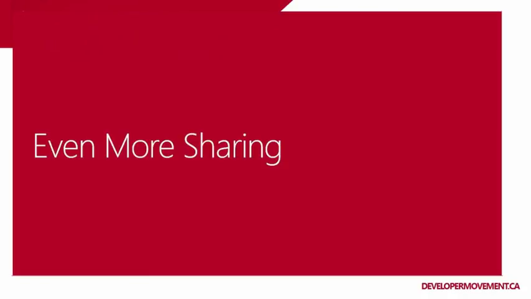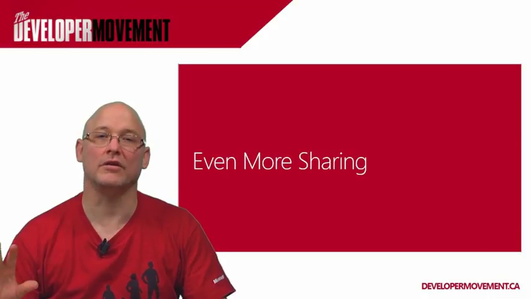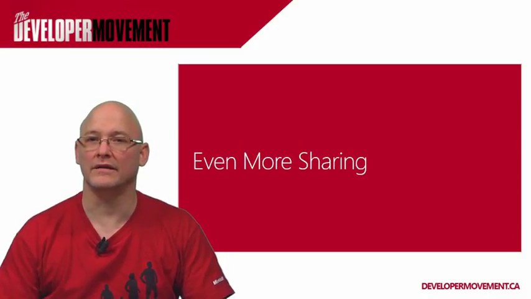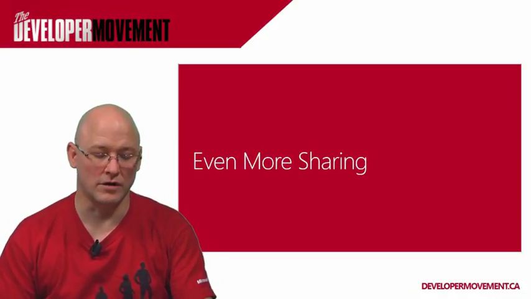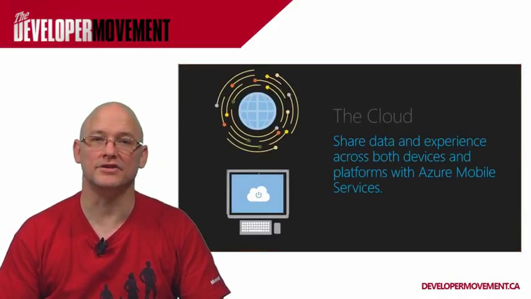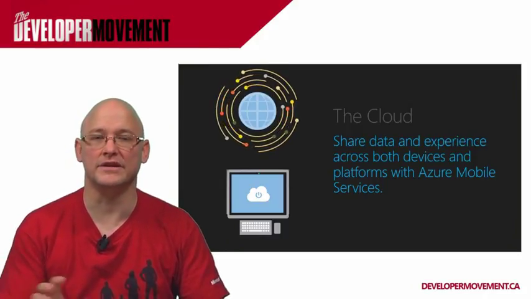So along with sharing more in the UI and being able to utilize things like portable libraries and getting your business and model shared across both platforms and across several applications, you can do more to share even more, basically by implementing cloud services and using things like Azure Mobile Services to enable you to share the data between different platforms.